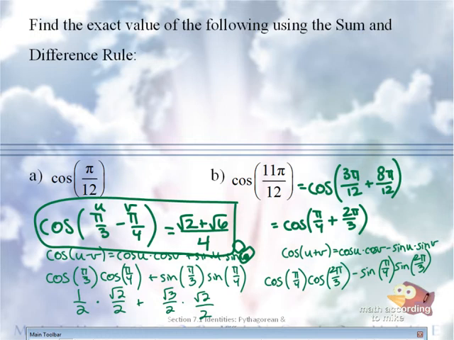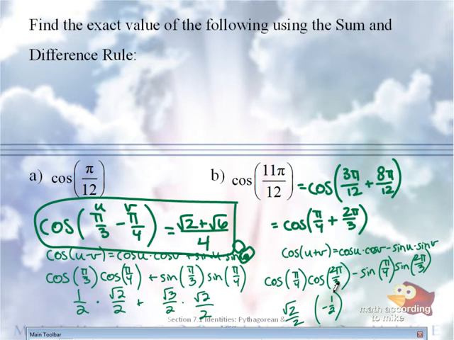What is the cosine of pi over 4? Radical 2 over 2. Cosine of 2 pi over 3? What quadrant is 2 pi over 3 in? 2, and cosine is what there? Negative. Negative 1/2, because its reference angle is pi over 3.